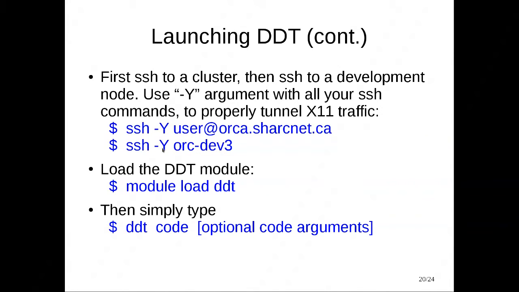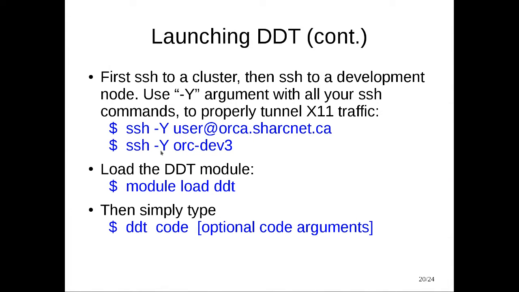That enables usage of graphical user applications over SSH. If you forget to do that, you won't be able to launch DDT. So what you do normally is ssh -Y username at, let's say, orca.sharcnet.ca. Then you find yourself on a login node, and then you go on to SSH to one of the development nodes. Again, don't forget to add -Y.